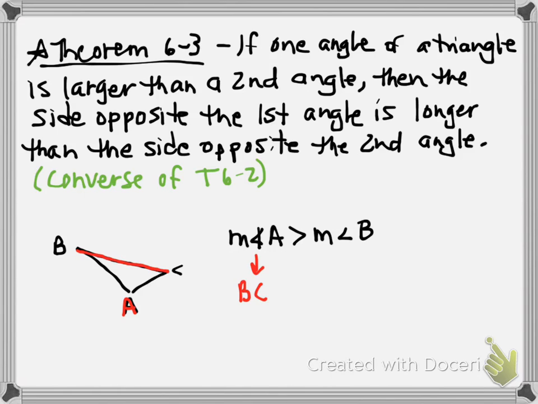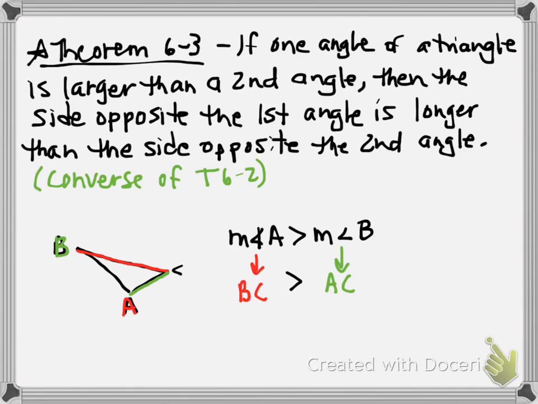Angle B forms this side. So we get side AC. So according to this theorem, the relationship that exists between angle and side is the same. So let's try this again. The measure of angle A is larger.